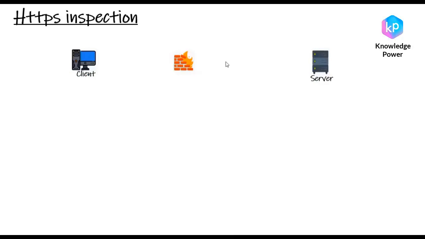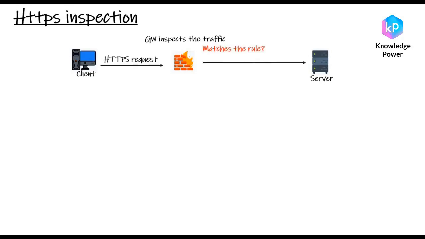Really quickly, let's go over the traffic flow with Checkpoint in the middle, with HTTPS inspection enabled. The client sends out the HTTPS request. Checkpoint intercepts the packet and checks the rule base. Does it match a rule? If no, it passes without inspection.